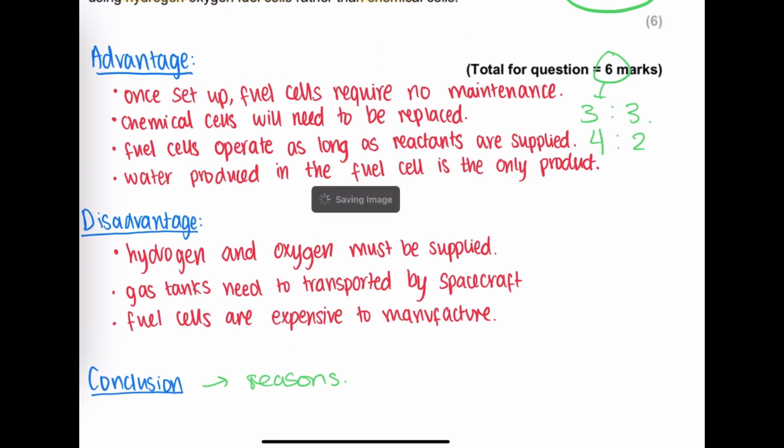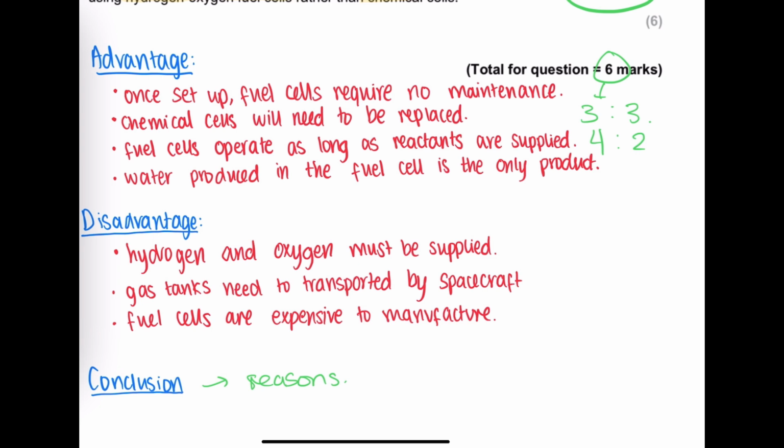So here are some advantages you can say. Once set up, fuel cells require no maintenance. However, chemical cells will need to be replaced, and chemical cells have a limited lifetime. Fuel cells can also operate as long as the reactants are supplied. However, voltage drops in chemical cells as reactants are used up. And once used, chemical cells cannot be reused, and they do need recharging.